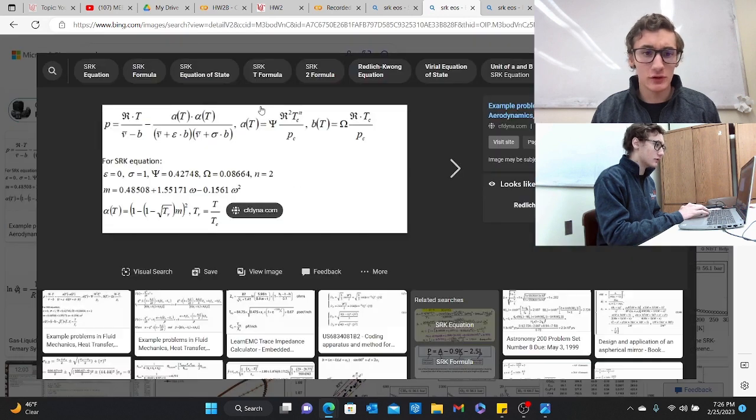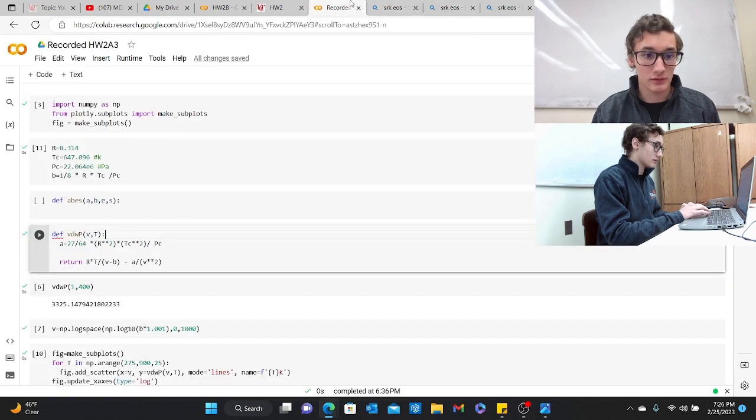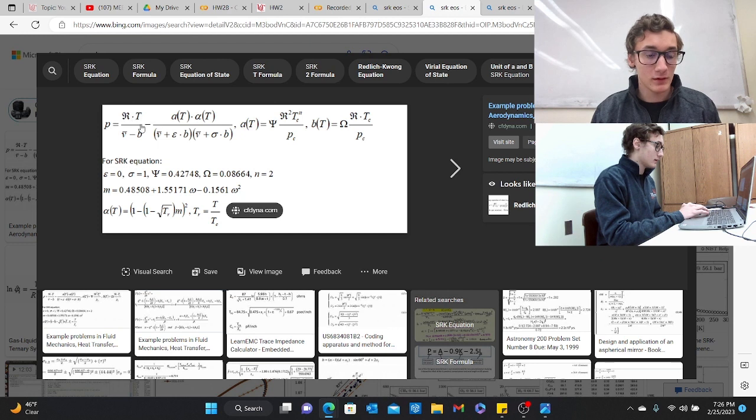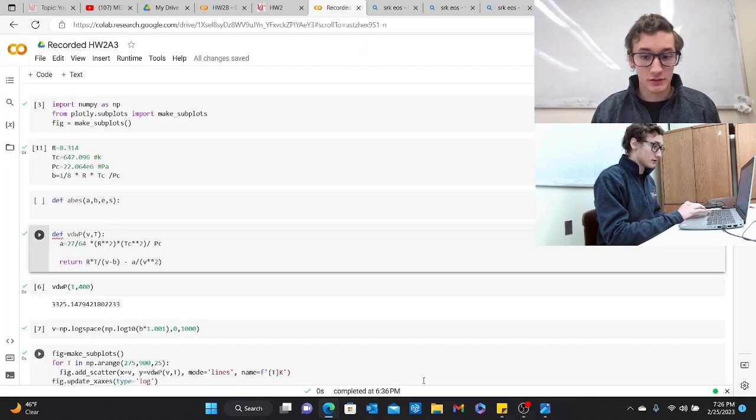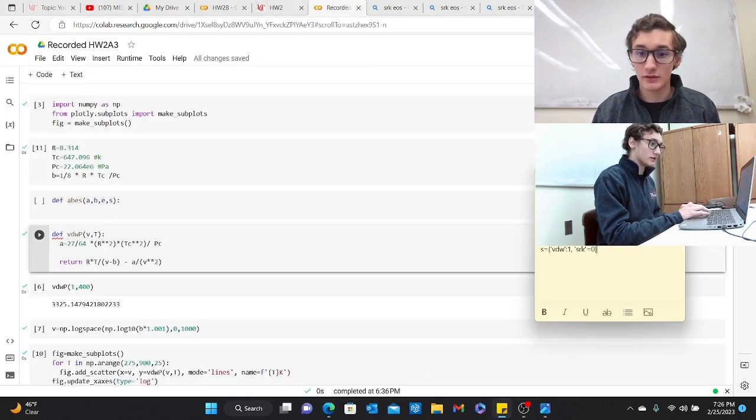This is the equation of state we're using: RT over V minus B, minus A of T over V plus epsilon times B multiplied by V plus sigma times B. So first, we have R, T, V, and B, and then A, E, epsilon, and sigma.